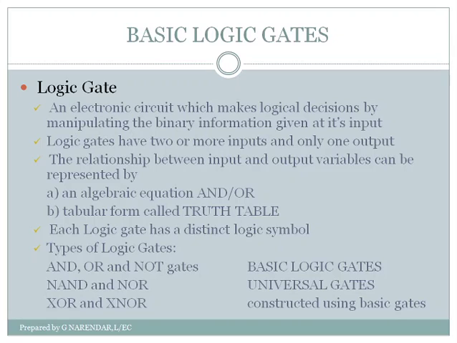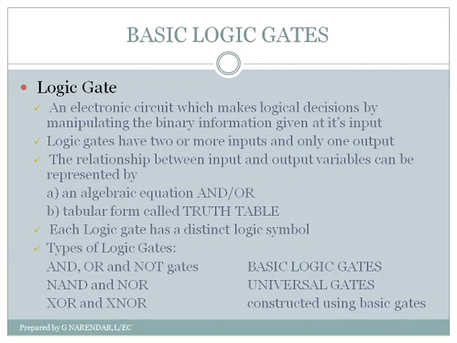So since it is a decision circuit, the input for the circuit is also in binary format. So we can define the logic gate as an electronic circuit for which we will give binary information as its input, and the output is also binary.